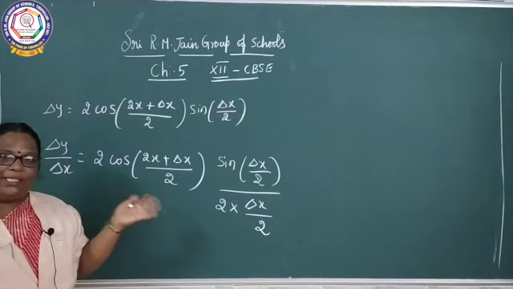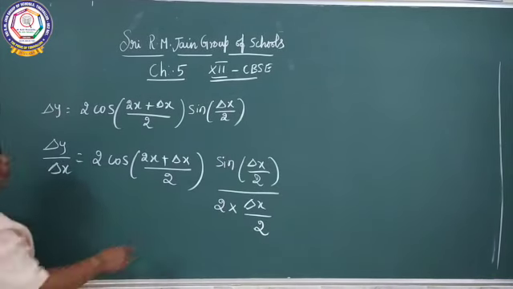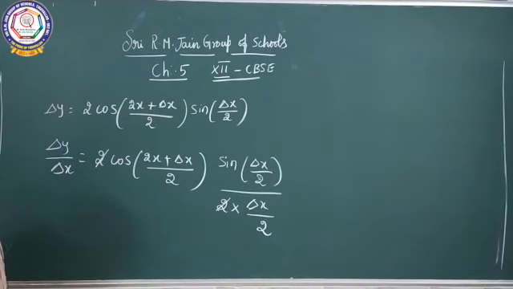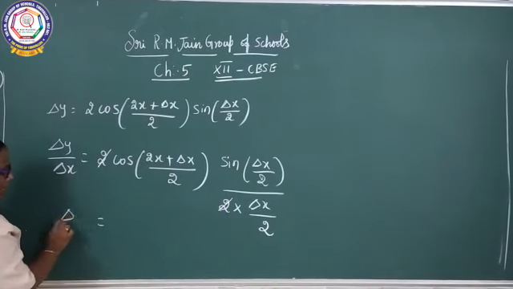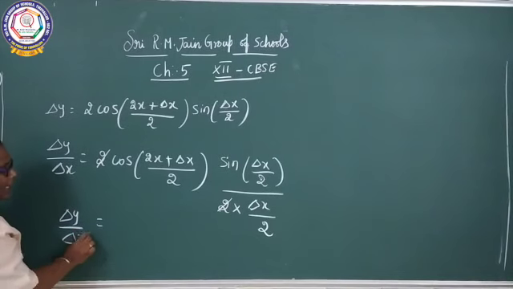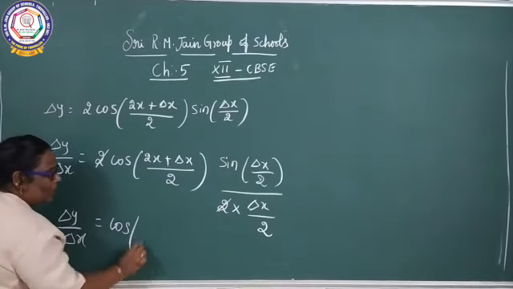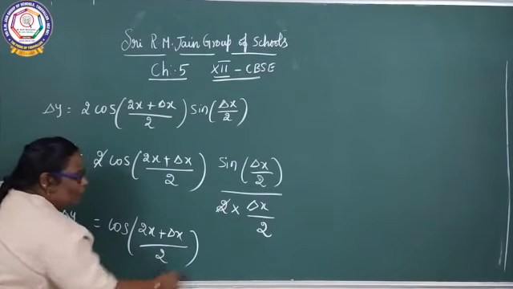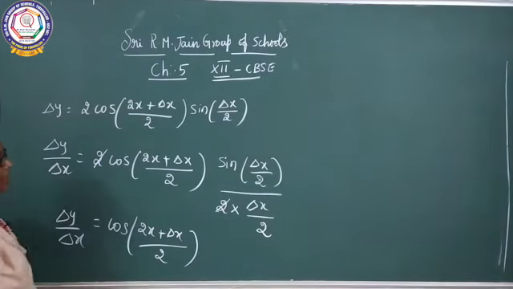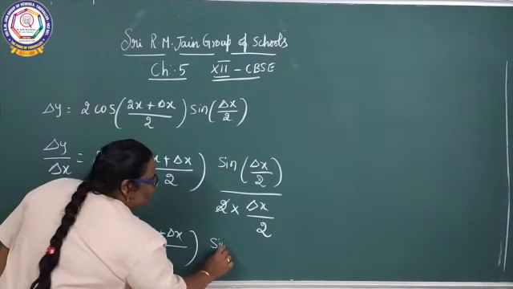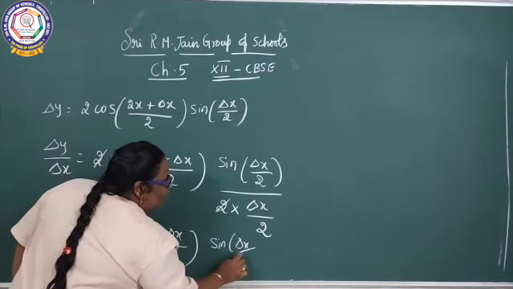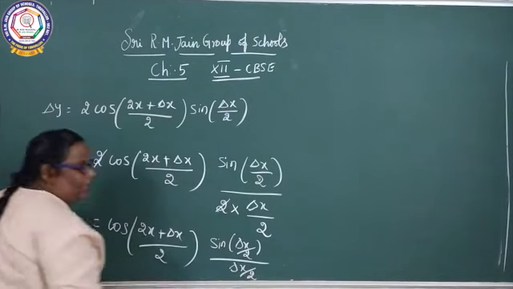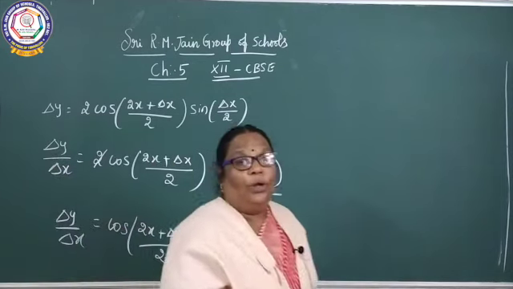The 2 by 2 cancels. What remains is delta y by delta x equal to cos of (2x plus delta x) by 2 into sine of delta x by 2 divided by delta x by 2.